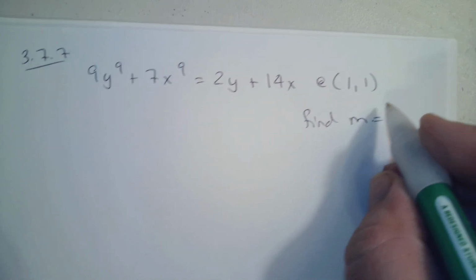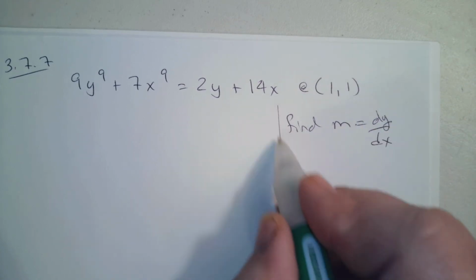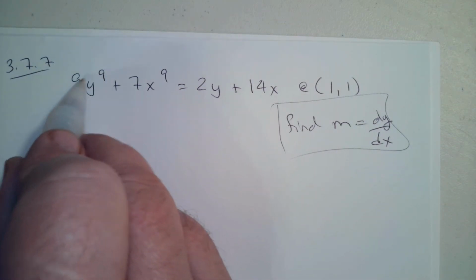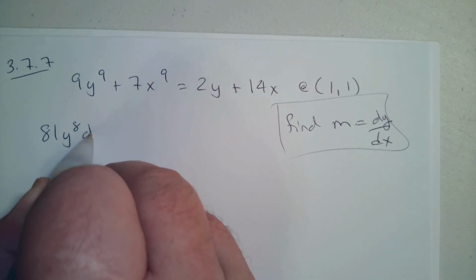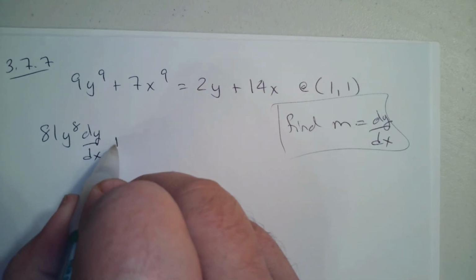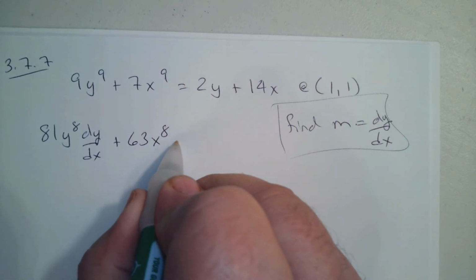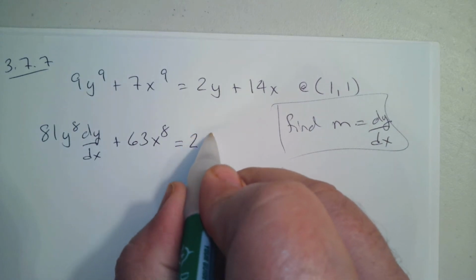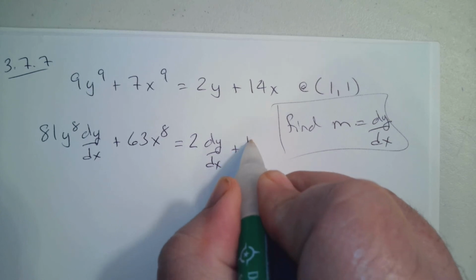Remember, m is the same thing as dy dx. So, the first derivative makes it 81 y to the 8 dy dx. Anytime you take the derivative of y, you have to put dy dx. 9 times 7 is 63 x to the 8. Derivative of y is 1, so 2 dy dx. Derivative of x is 1, so 14.